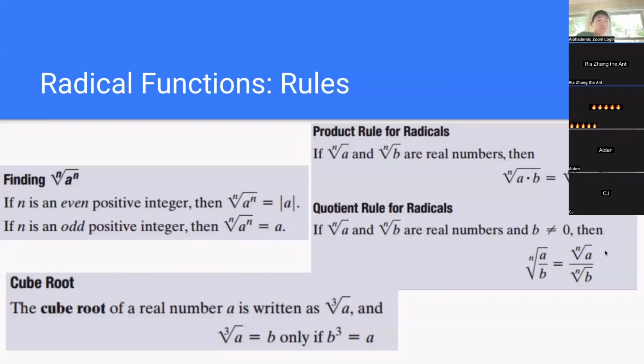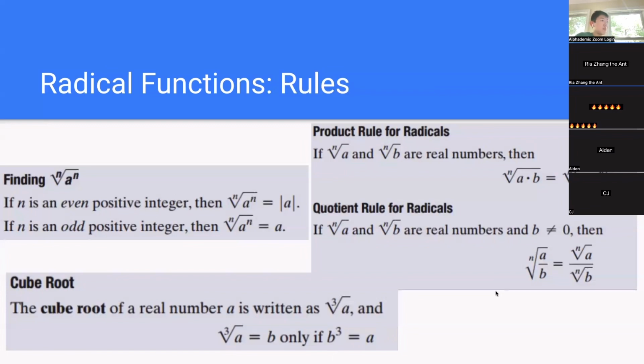And also very important, b cannot equal 0 because then it wouldn't be a real fraction. And then the cube root of a is written as 3 root a. And the cube root of a is only equal to b if b cubed is equal to a.